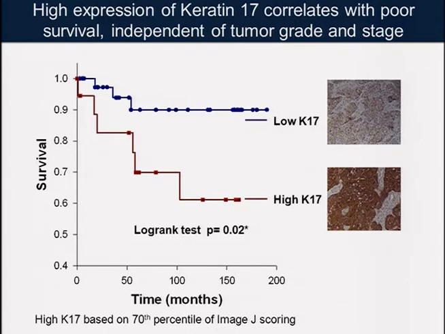And when we did the Kaplan-Meier curve, we were able to correlate the patients that had a high expression of keratin 17 with a poor prognosis. And when we compared both survival curves by log-rank test, we were able to determine that these two curves were statistically significantly different.